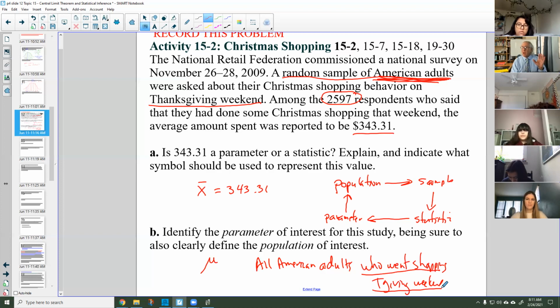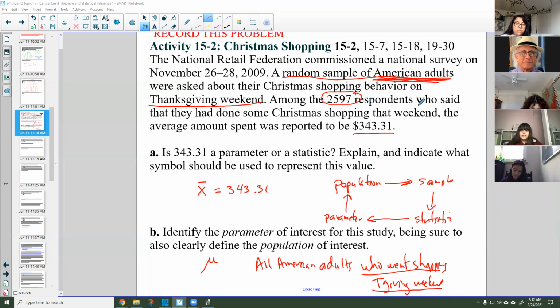Right, and so their amount would be 0, and that would pull our results way to one side for the average. You follow what I'm saying here? Yeah. So they're pretty clear up here in the scenario that among the respondents who said they had done some Christmas shopping, so they had done some Christmas shopping, that's what we were looking for. People who had done some Christmas shopping.